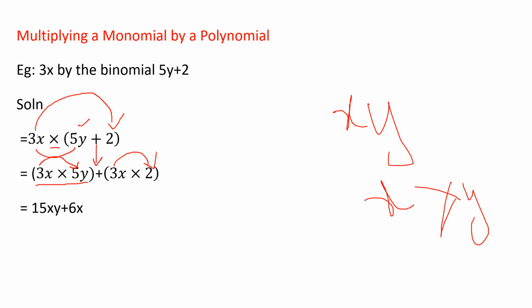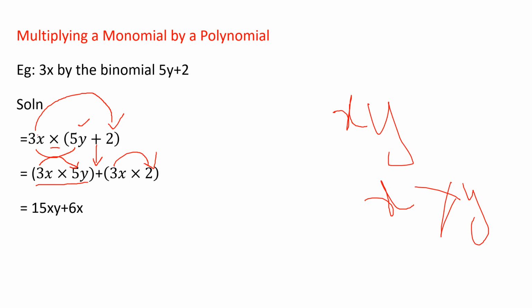So first you will write down the monomial, then the multiplication, into symbol, we'll start the bracket and write down the next term. So here it is a binomial, only two terms. So 5y plus 2. This 3x will be common for this 5y and also for 2, so we have to multiply it separately. So 3x into 5y. What is the symbol here? Addition or subtraction, plus symbol.